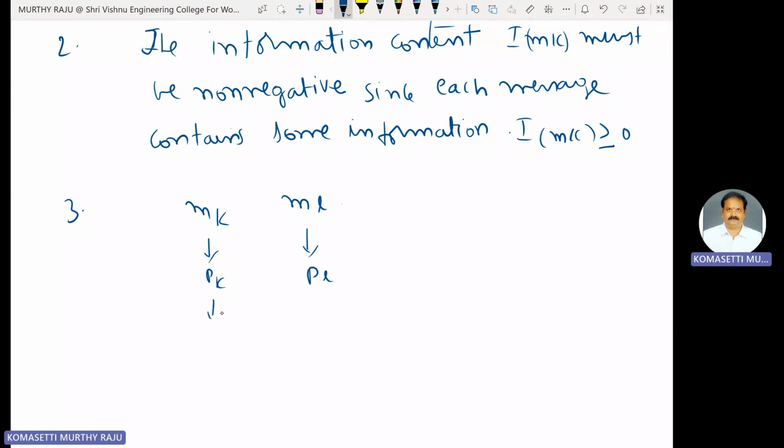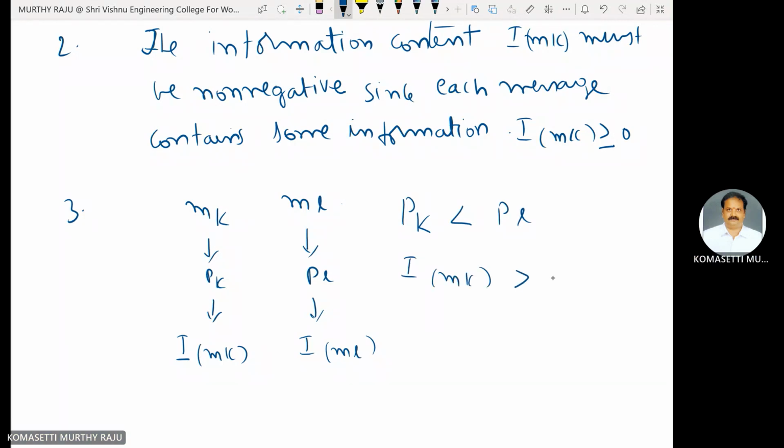The amount of information in the kth message is I of Mk. The amount of information in the lth message is I of Ml. If Pk is less than Pl, then I of Mk is greater than I of Ml.